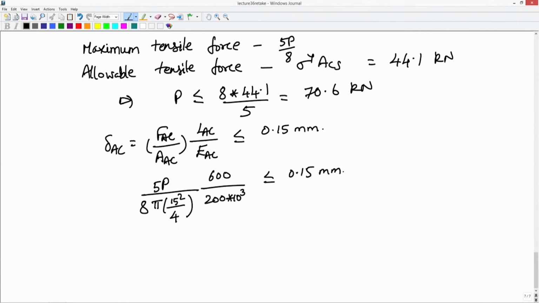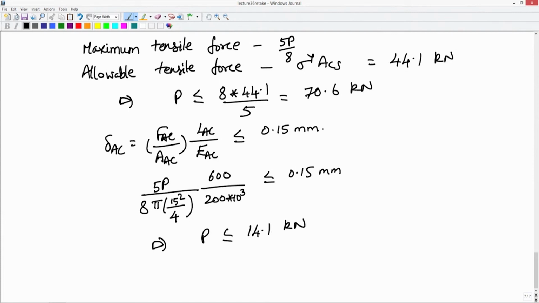So, this will give us that P has to be lesser than or equal to 14.1 kilonewtons.